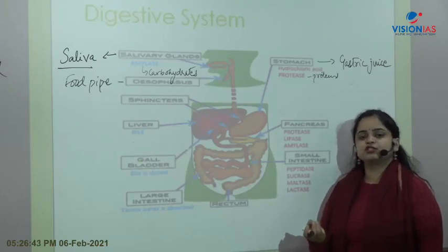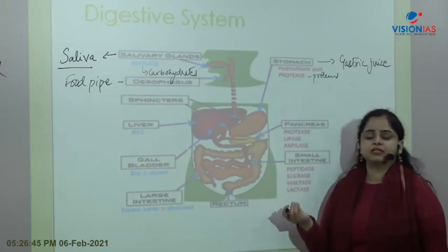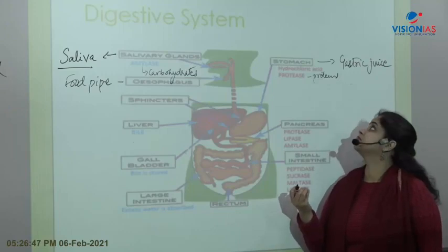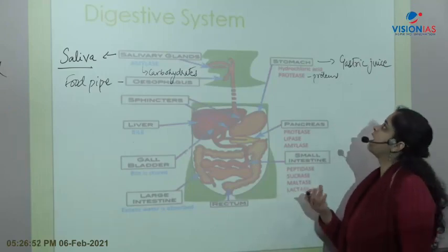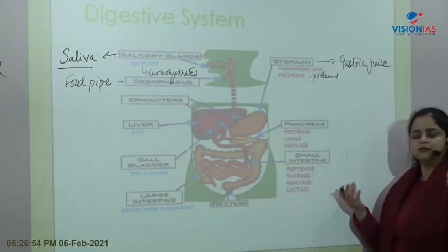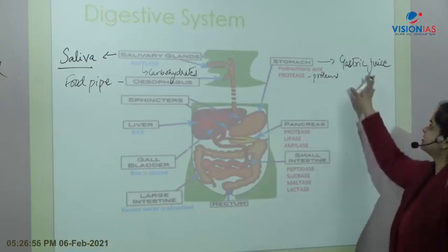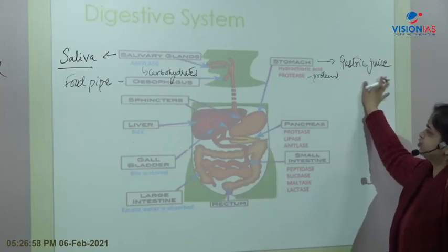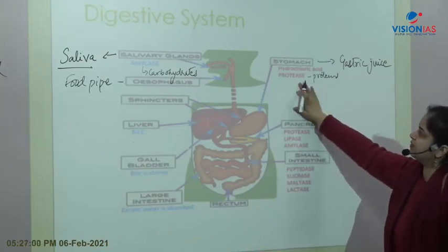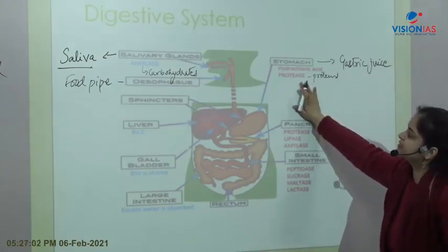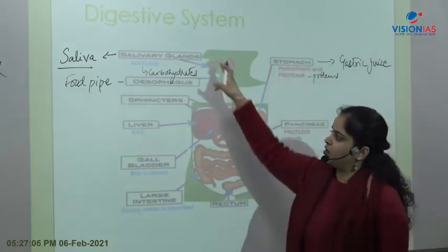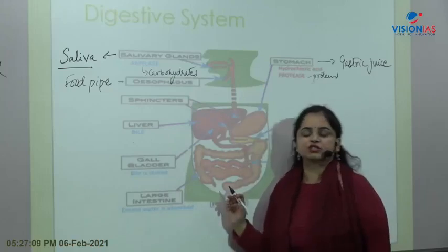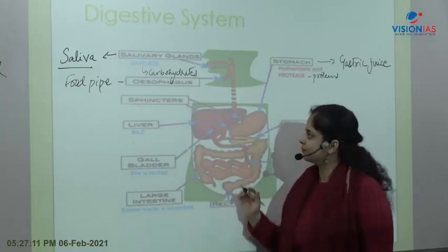Gastric is the term which is used for the stomach every time, and it is this juice which contains the protein-breaking enzyme called protease, and HCl is present. Now carbohydrates first, the second thing which is going to be broken down is the proteins.